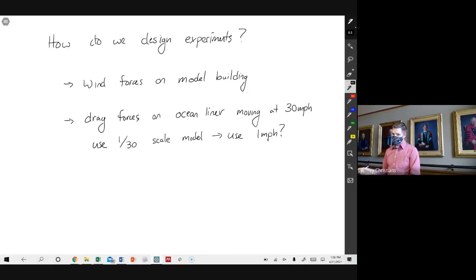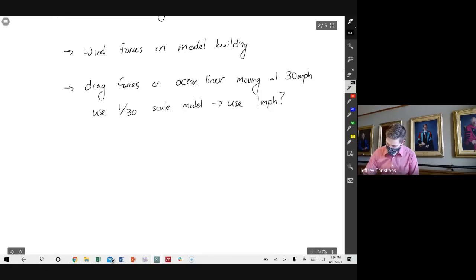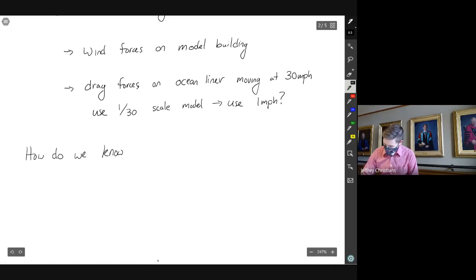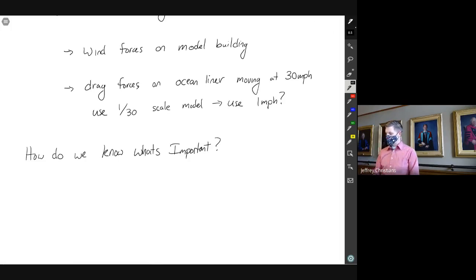So the question is, how do we know what's important, and how important those different parameters are?